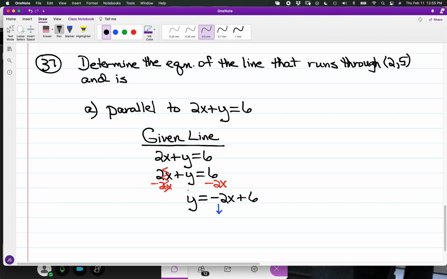So for this line, the slope m is equal to negative 2.